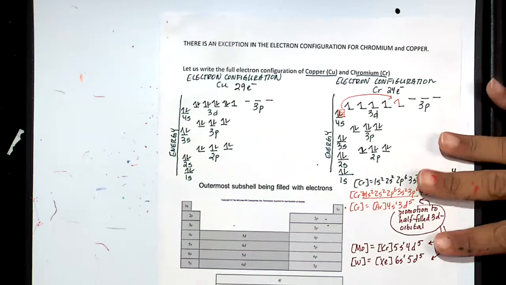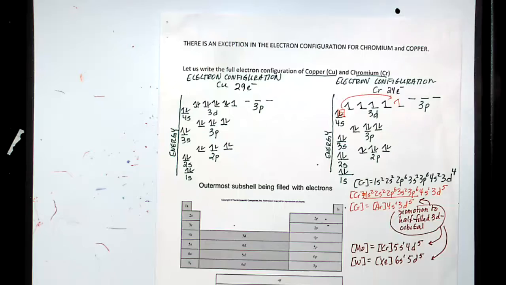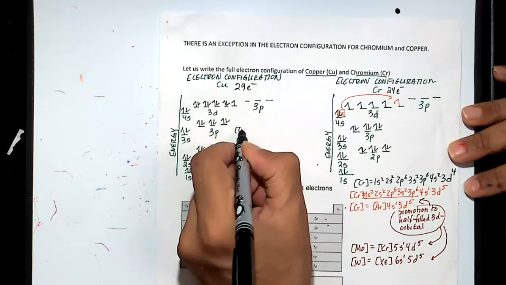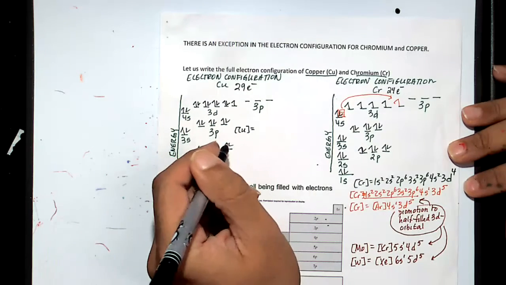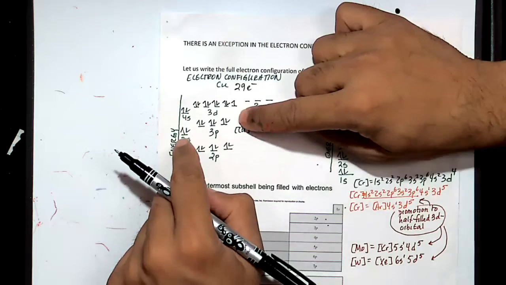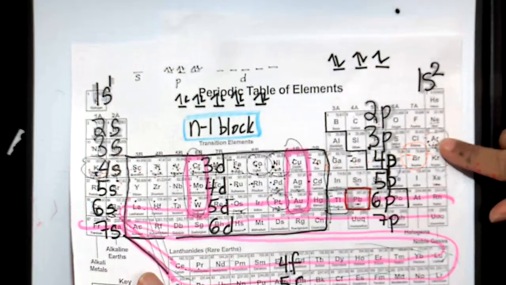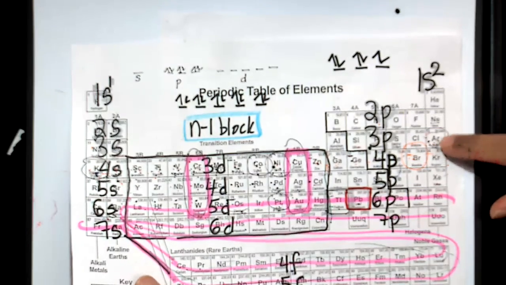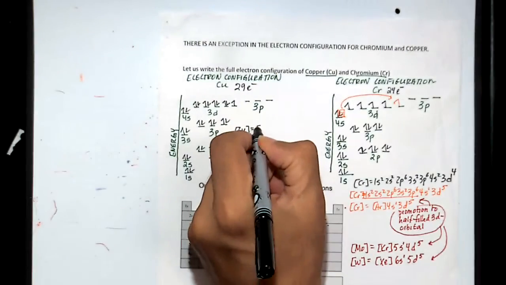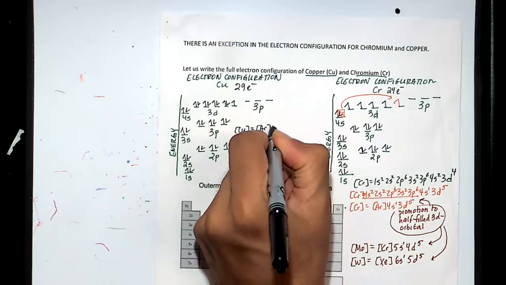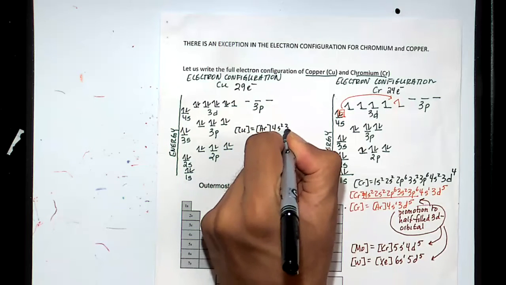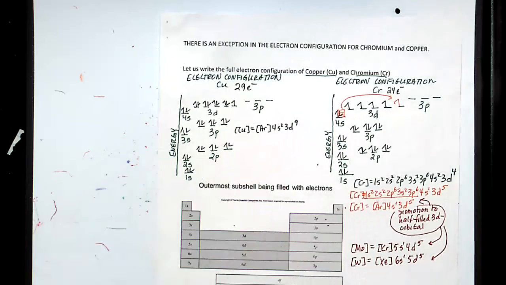So you would think the electron configuration of copper would be, okay, 3s2 3p6 is argon. So you would think it would be argon 4s2 3d9, but that's not what happens.